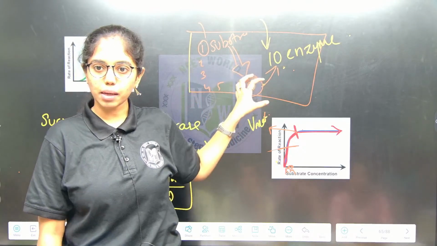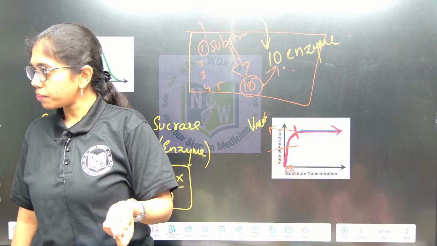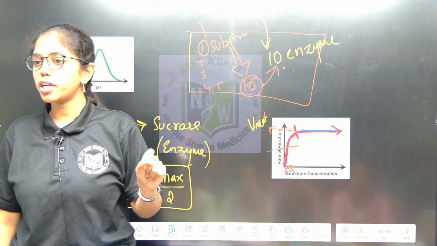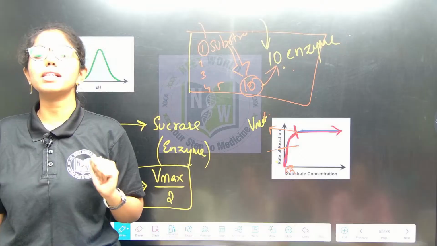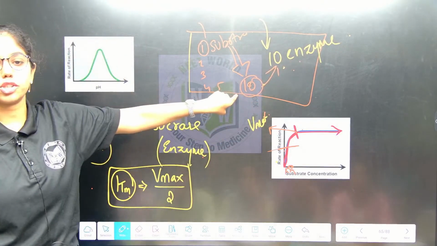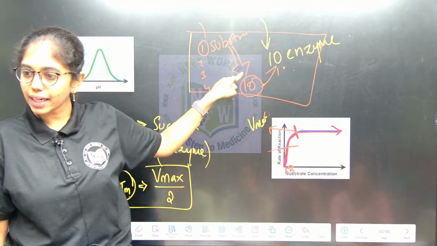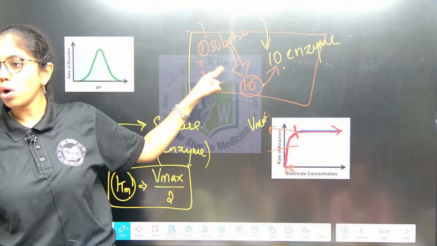After 10 substrate molecules, though you add more substrate molecules, there will not be an increase in the rate of reaction, because the enzymes have come to a saturation point with the substrate. There is no enzyme to catalyze the reaction even if you add more substrate.